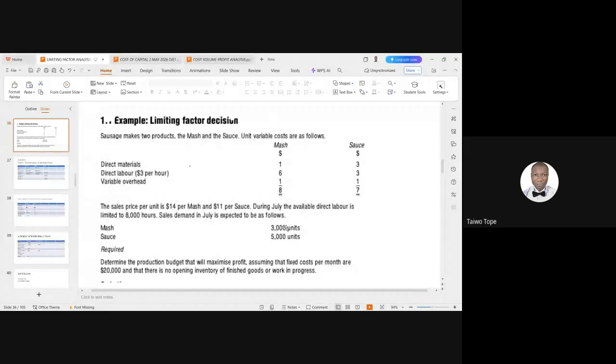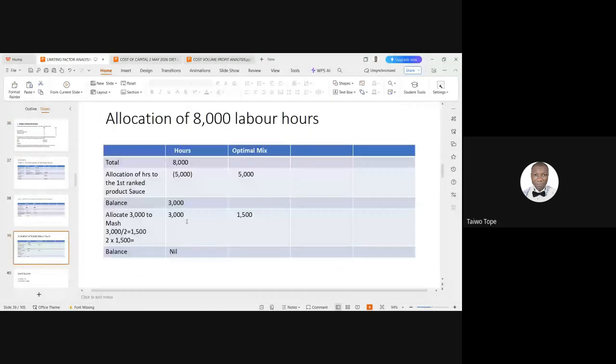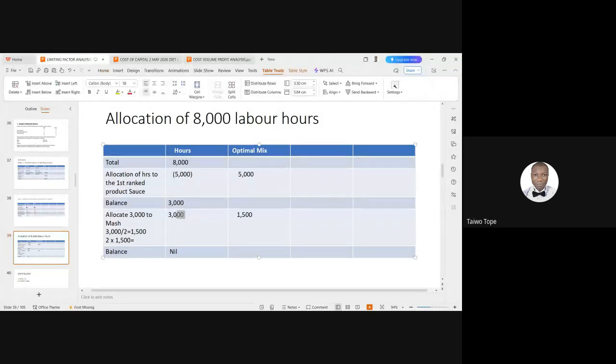But you don't have sufficient hours to produce 3,000 units. Because if you are to produce these 3,000 units, you need 6,000 hours, but you don't have it. You need to make do with what you have, which is 3,000.